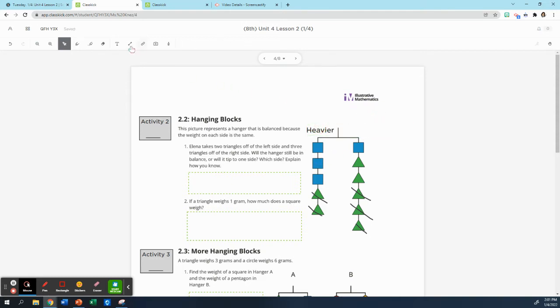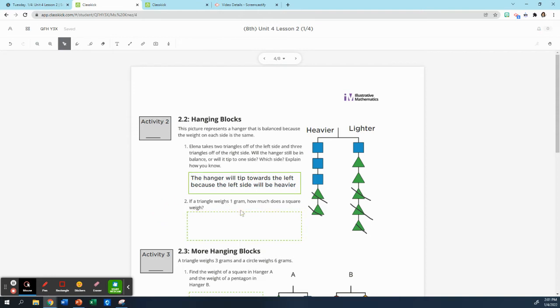Because we're taking away more from the right side. And so we know that the hanger will tip towards the left because the left side will be heavier.